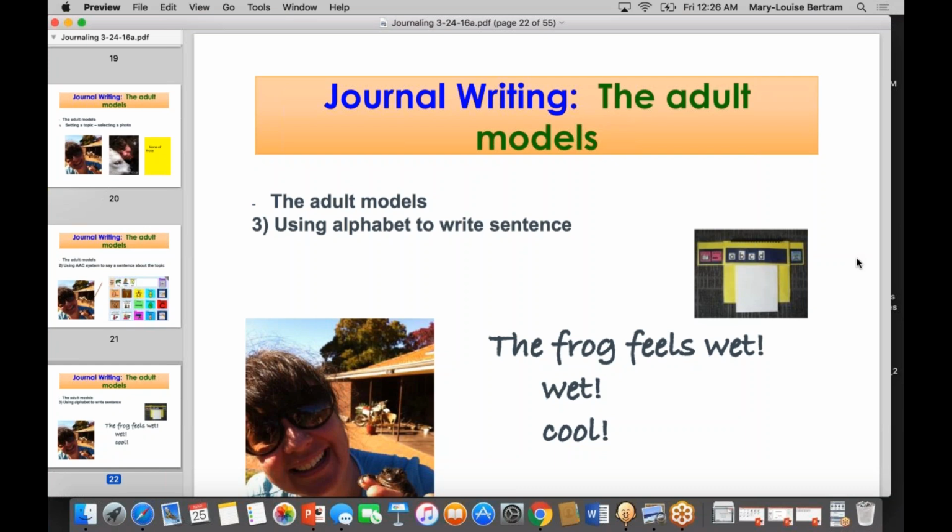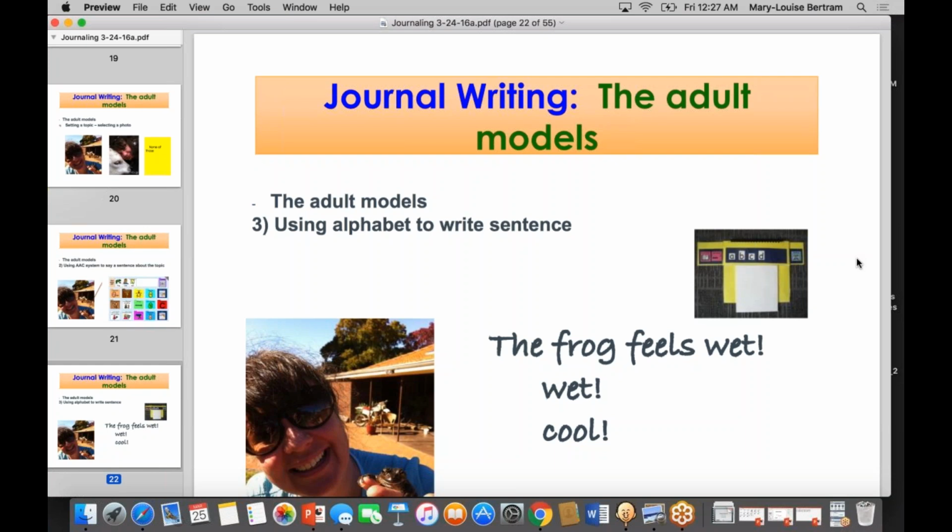And they could talk about Lego for 5 minutes. Well, I got this Lego, and it was Star Wars Lego, and it was Darth Vader, and he looked like this, and he was black, and they'll go on, and when it comes to writing it, they might just write Darth Vader or I like Lego, because the gap between what their oral language can produce and what their written language can produce is huge.